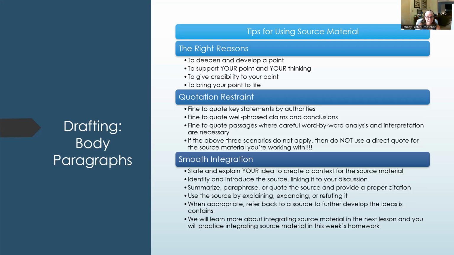So please start thinking about that. There's like a 90 to 95% chance that using the word for word direct quote isn't needed, that you should summarize or paraphrase. And again, we're going to look at how to do that in the next lesson.